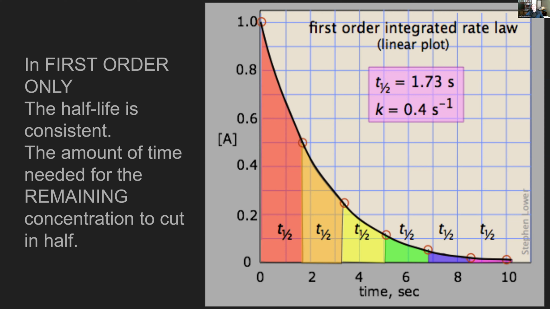And then it's going to take the same amount of time for that 25% to get to 12.5%, again cutting it in half. So from 1 to 0.5 is 1 half-life. To get from 0.5 to 0.25 would be 1 half-life, and so on, and so on. So it consistently steps down at a consistent amount of time. The amount of time needed for the remaining concentration to cut in half is a good definition for half-life.